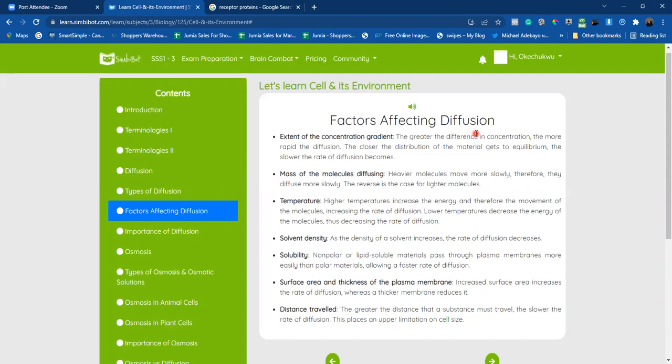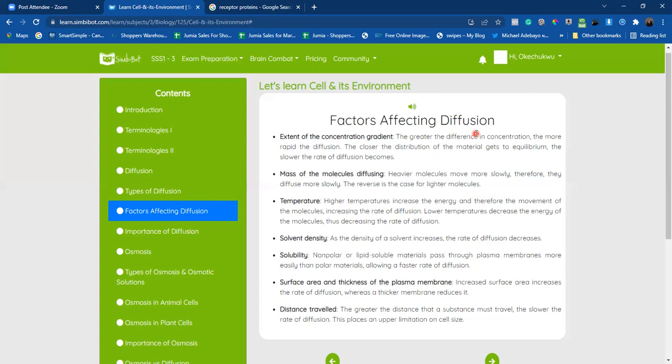The heavier the molecules of the particles, the slower the diffusion. The lighter the molecules, the faster the diffusion. Just get these simple explanations that I am giving.